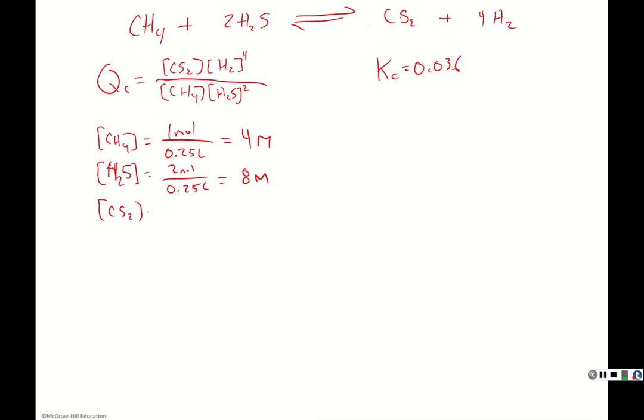CS2, sorry, that's 1 mole, which again is 4 molar. And finally, H2. H2 is 2 moles divided by 0.25 liters, which is 8 molar. Okay, so those are all our concentrations. We can plug those in to our reaction quotient.